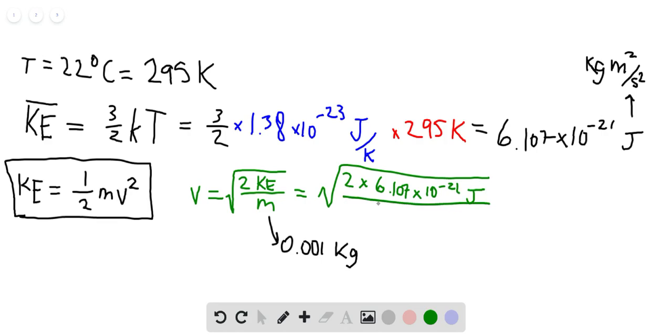Divide by the mass, 0.001 kilogram, and we obtain the final answer, which is 3.5 times 10 to the minus 9 meters per second.